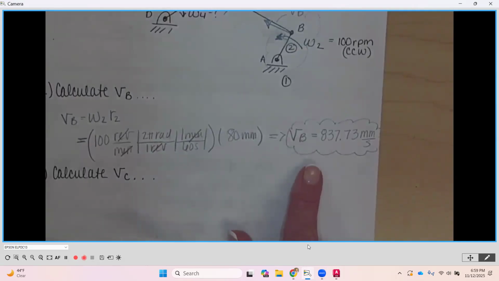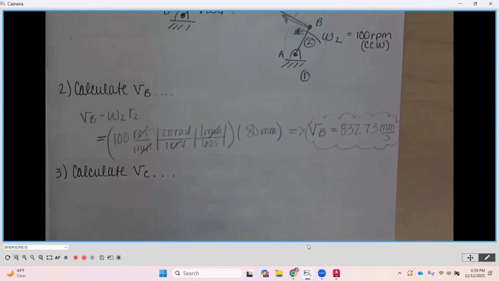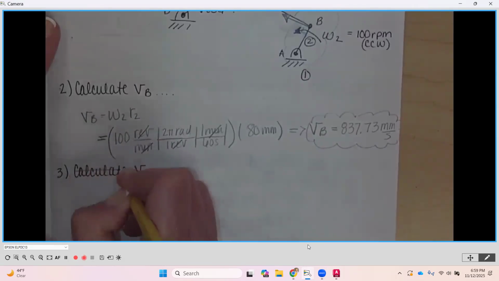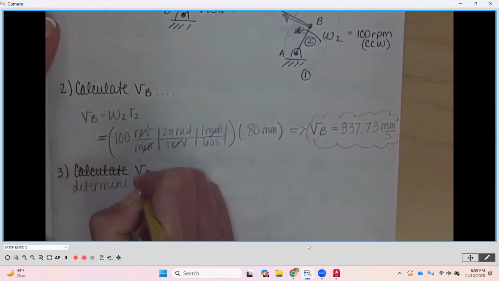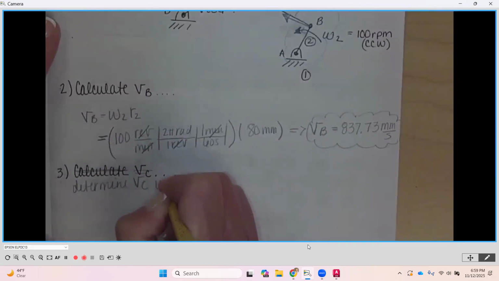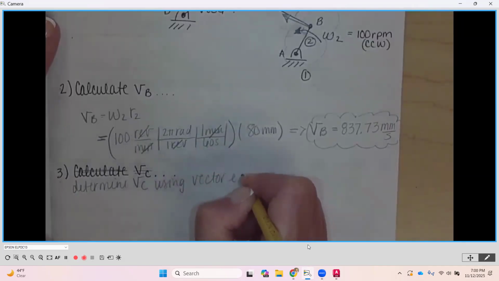Now I have both magnitude and direction for the velocity of B. Now, I don't like this word calculate. I'm going to say we're going to determine VC using our vector equation.